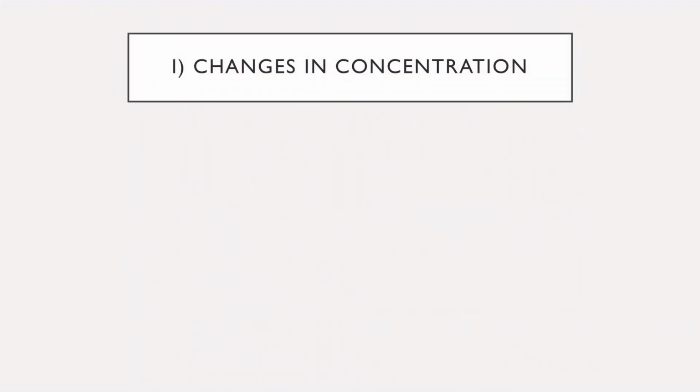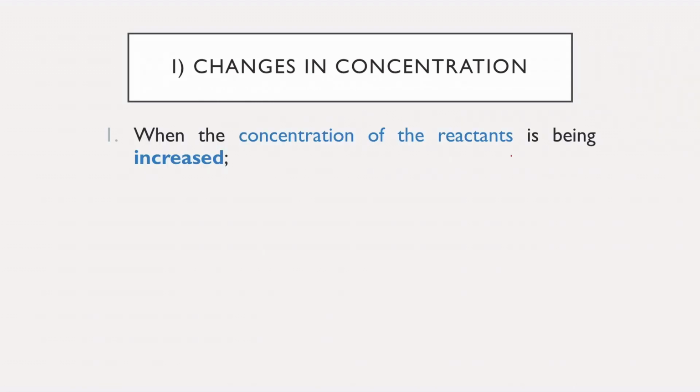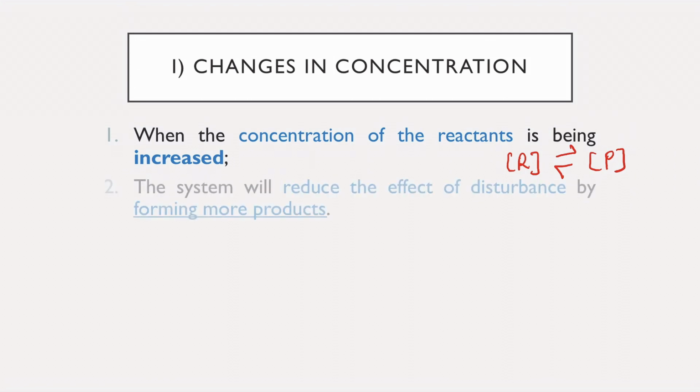Right. So the first factor is changes in concentration. You have reactant and then you have product. So when the concentration of your reactant is being increased, so that's your disturbance, your system will react how? To reduce the effect of that disturbance.